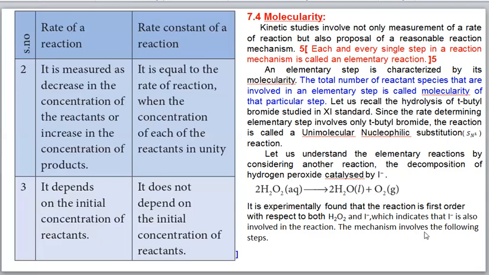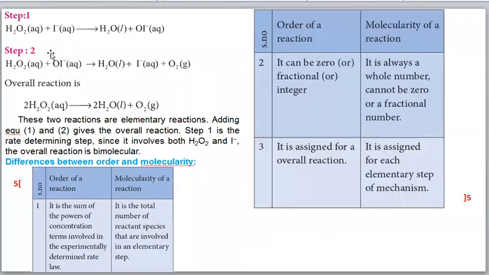The mechanism involves the following steps. In the first step, hydrogen peroxide combines with the iodide ion, so we get H2O liquid plus OI minus aqueous.